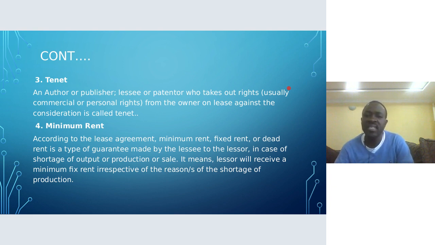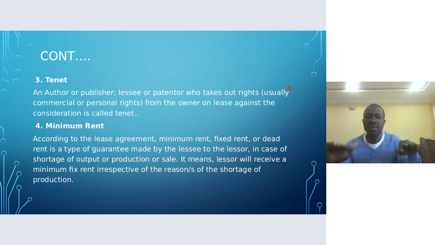It means that the lessor will receive a minimum fixed rent. The lessor is the landlord. The lessee is the tenant, the person who is leasing that property or the mine. The lessor will receive a minimum fixed rent irrespective of the reason or shortage of production.